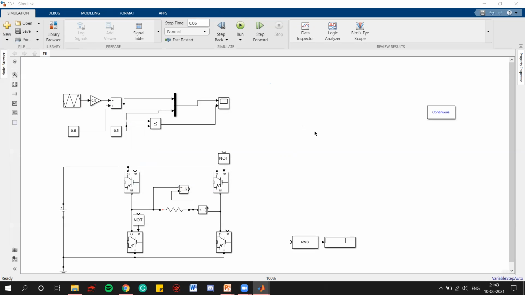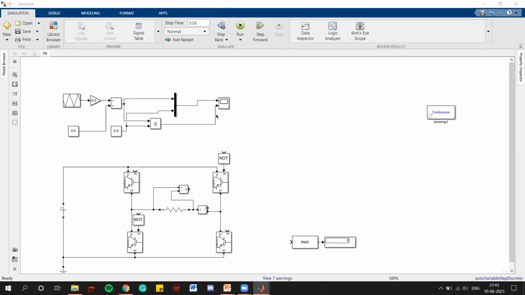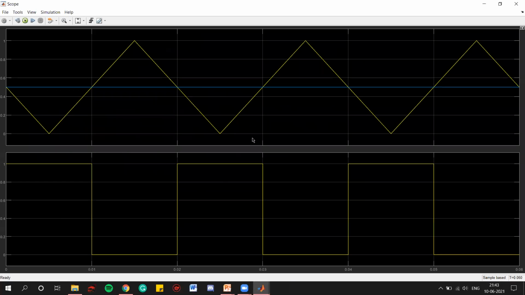We will run for 3 power frequency cycles. Here we can see that we are getting a square wave output pulse with 50% duty cycle, and we did minus 90° in the triangular wave pulse to get this positive cycle from the start, right?